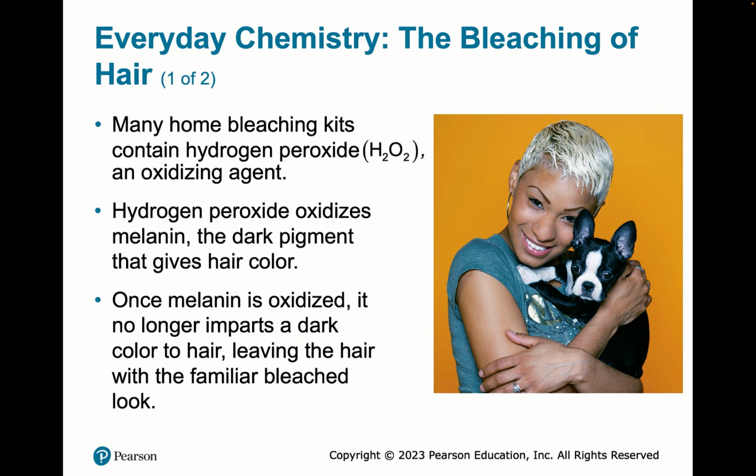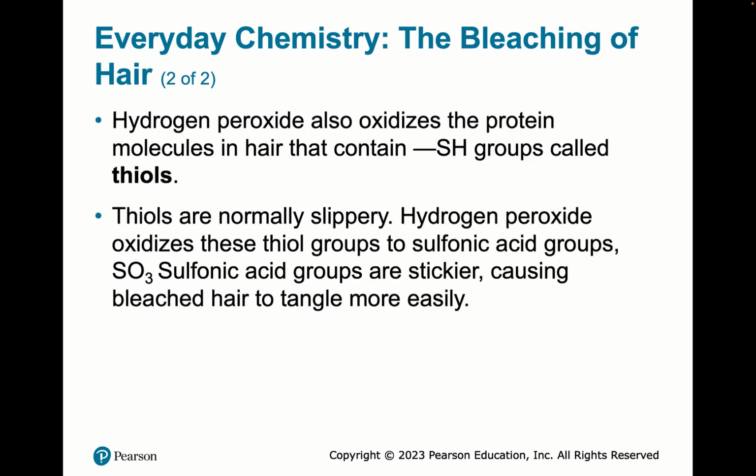An application that we use this in is bleaching of hair. Very commonly, you can use hydrogen peroxide. Hydrogen peroxide absorbs carbon dioxide in the air, and then it reacts with melanin and gives you that bleached look. But you might notice your hair feels a little different when you do this because it can also react with cysteine in your hair.